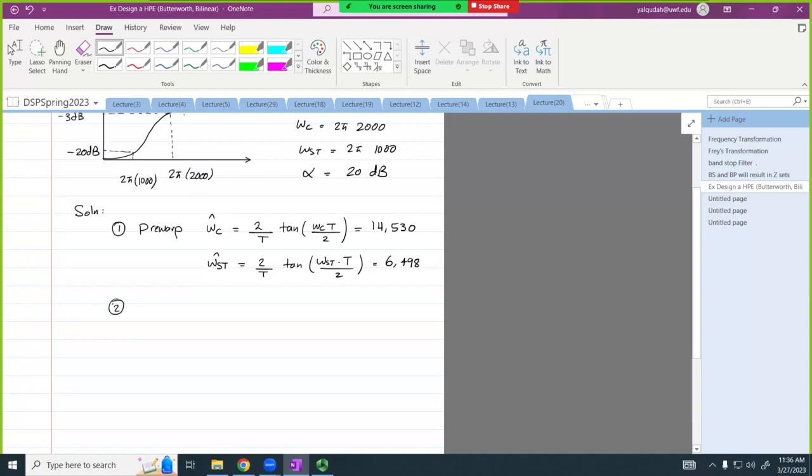Okay, the second step, we're going to map to low-pass normalized specs. And therefore, omega new is going to equal 14,530 divided by omega.